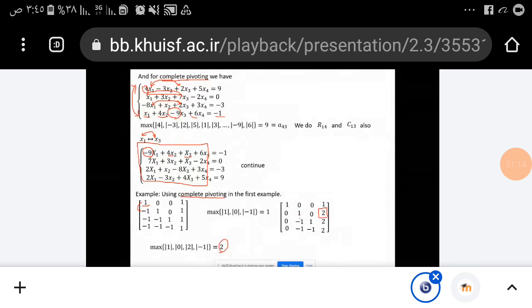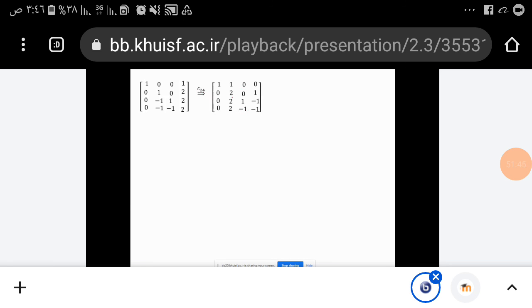We want to divide these entries, so we changed the second column with the column 4. The previous matrix was here, and after C24 we will have this one.